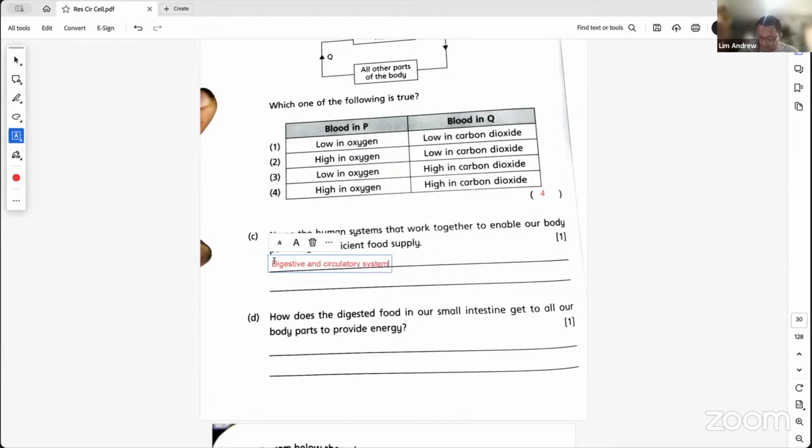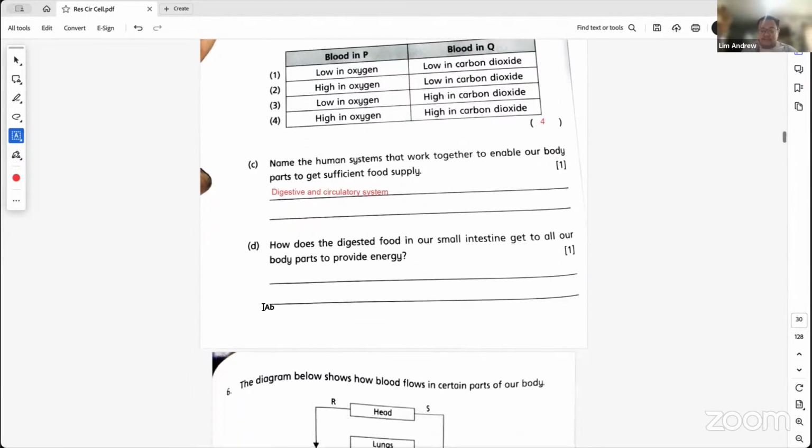The digestive system works together with the circulatory system to enable all body parts to have food. All right.